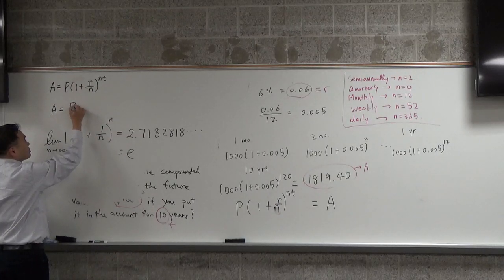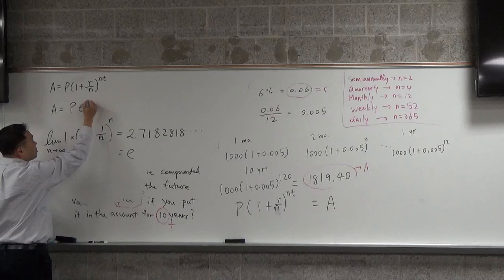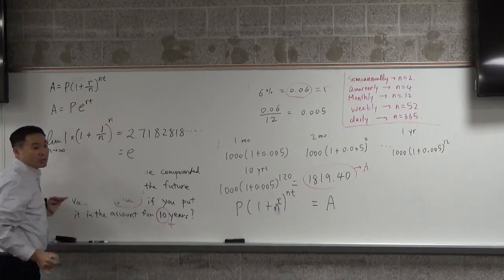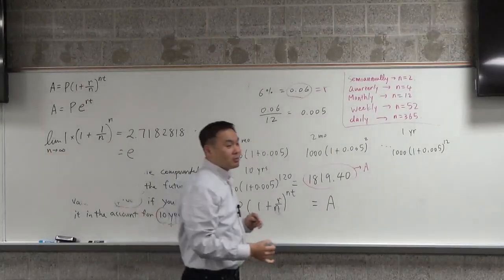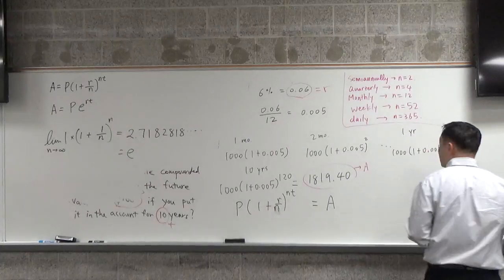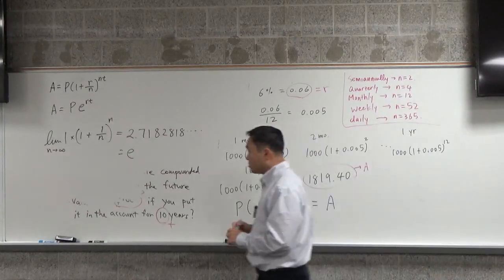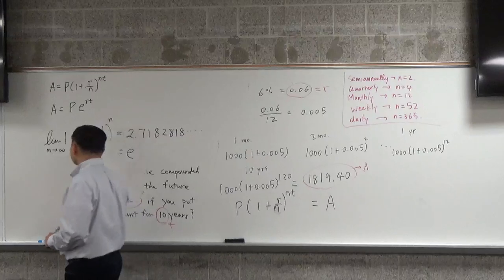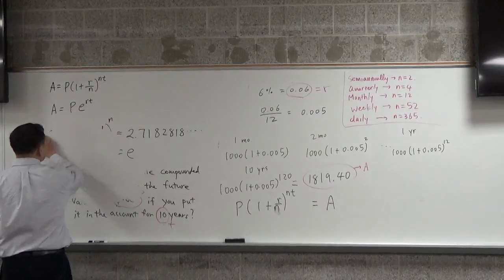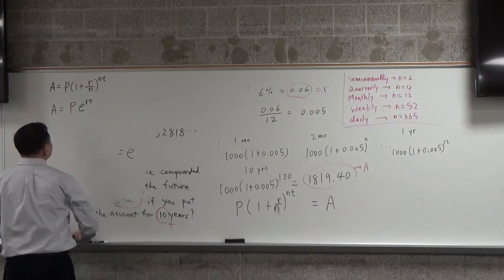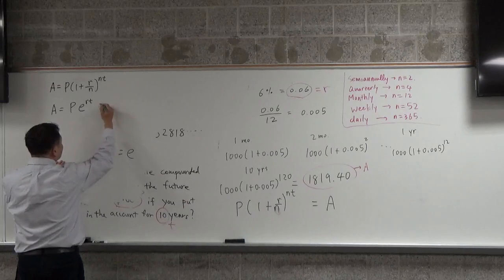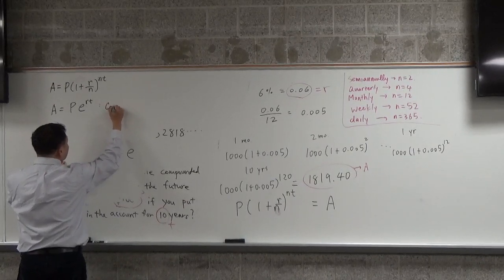So it's going to be P times e to the rt. The value of this limit is going to be P times e to the rt. And this one will be continuous compounding.